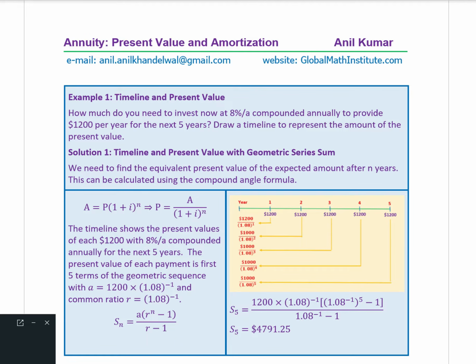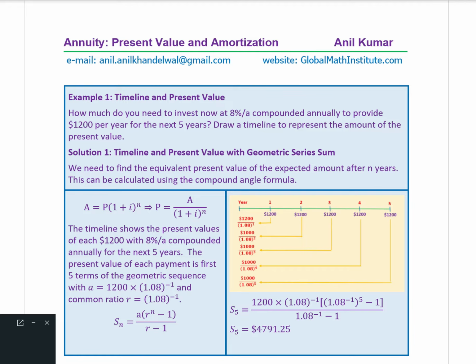So the timeline shows the present value for each $1,200 with 8% per annum compounded annually for the next 5 years. The present value of each payment is the first 5 terms of the geometric sequence with a equals 1200 times 1.08 to the power of minus 1. Now see, the interest rate is 8% per annum compounded annually.